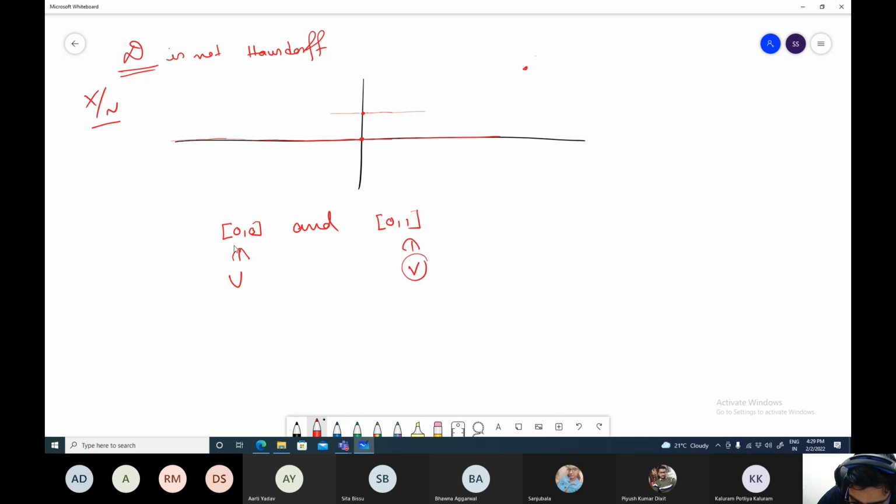Now what will be a neighborhood of this one, (0,1), U in D? It will be of this form, such that its inverse image is open in X, right? So what will be its inverse image? This one union this one, except this point.